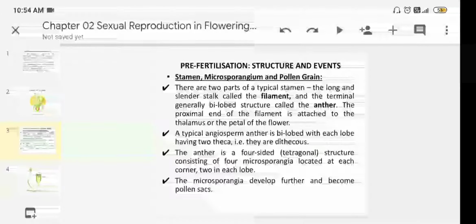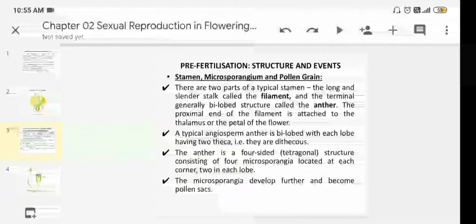The anther is a four-sided tetragonal structure consisting of four microsporangia located at each corner, two in each lobe. If you look at that anther, very simply you can locate the four corners, and each corner represents one microsporangium.